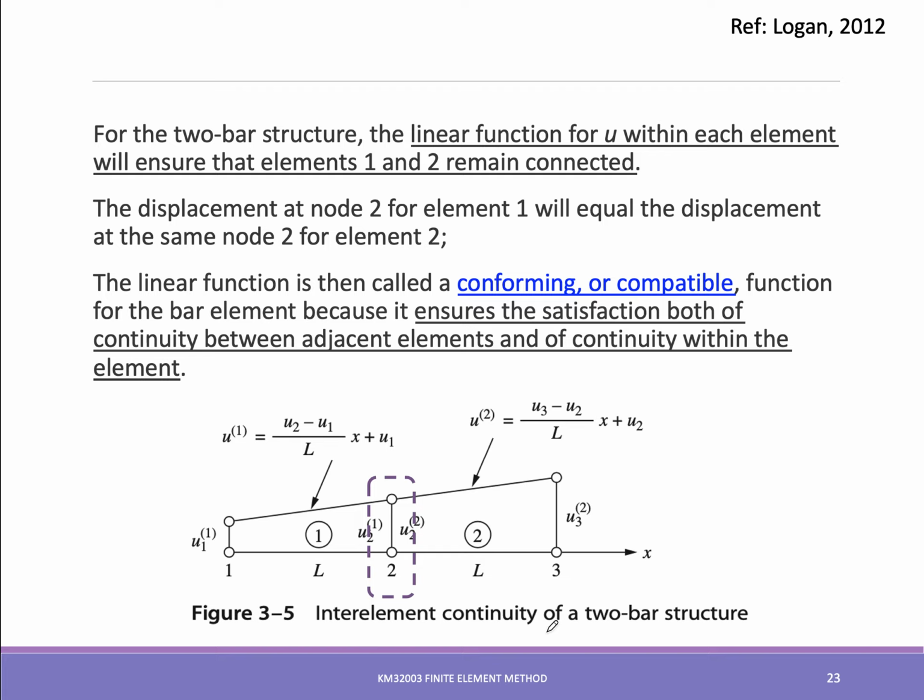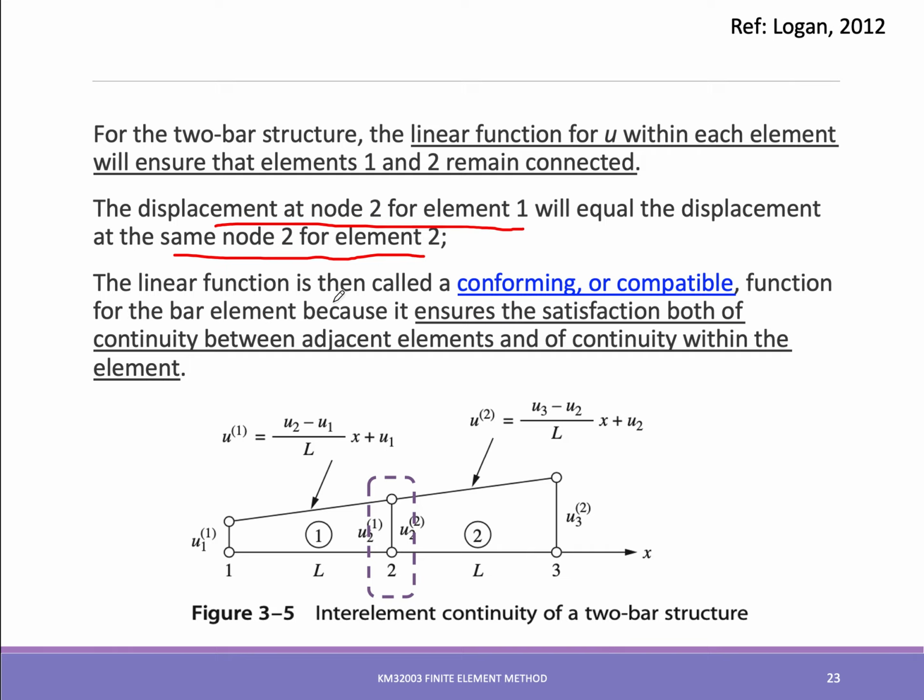So based on that concept of continuity, the displacement at node number 2 for element number 1 must be equal to the displacement at the same node number 2 for element number 2. We don't want it to have different values.